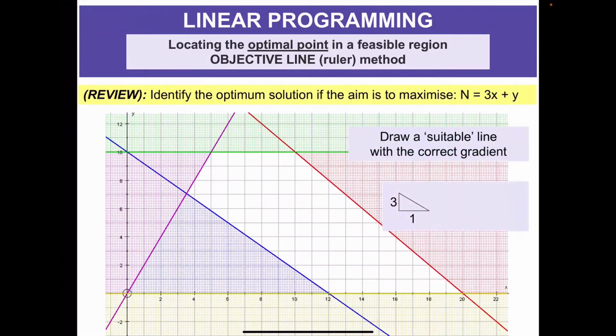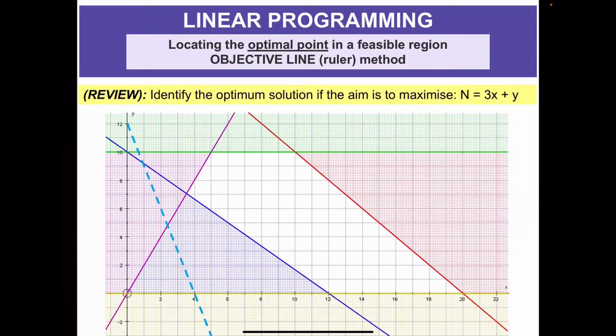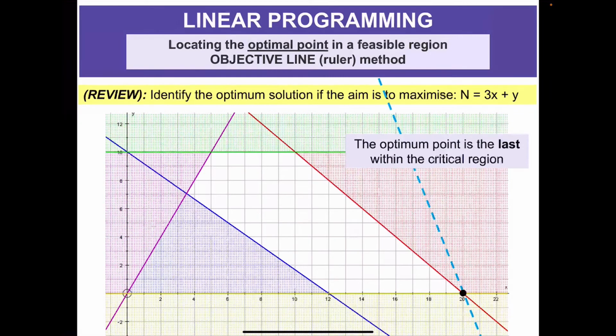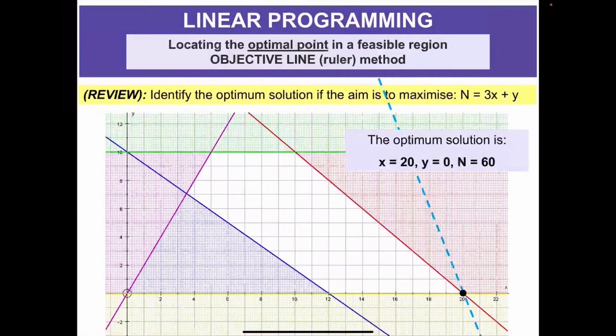So first you have to sketch the objective function, and then because I'm maximizing, I want to go away from the origin, and you will move the line, keeping it parallel while moving, until you find the last point of the feasible region that they will have in common. So in this case, the black dot is the point, right? Then the solution would be x is 20 and y is 0, and the maximized value would be 60.